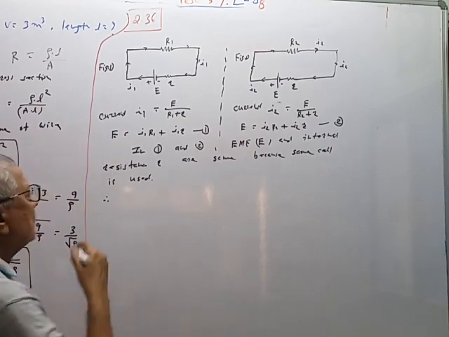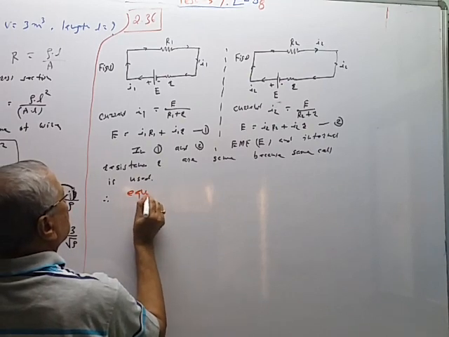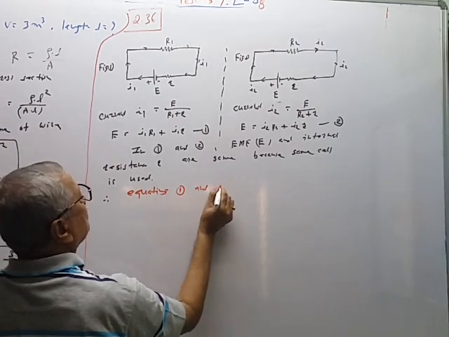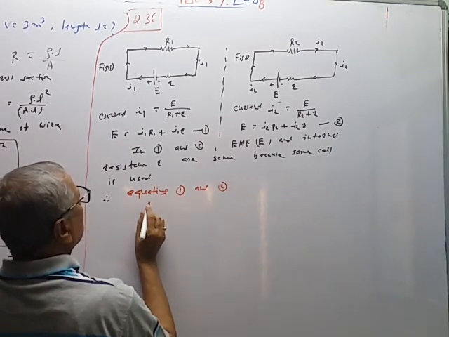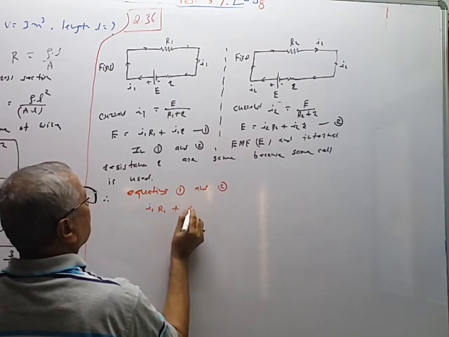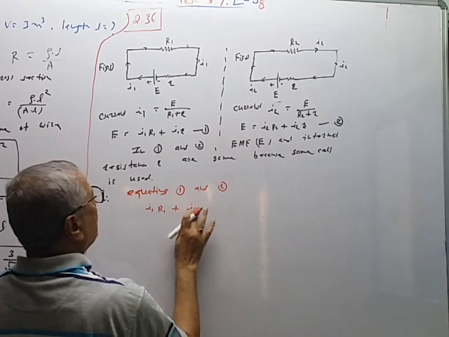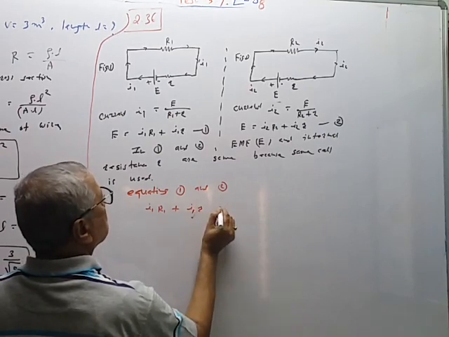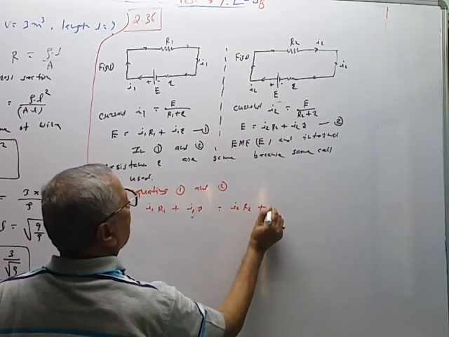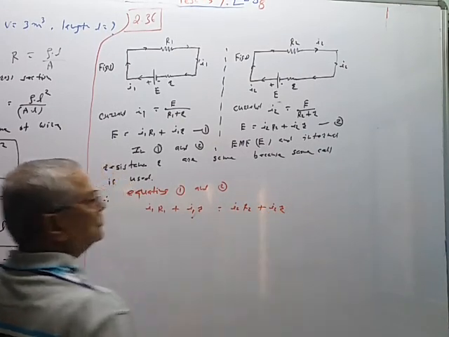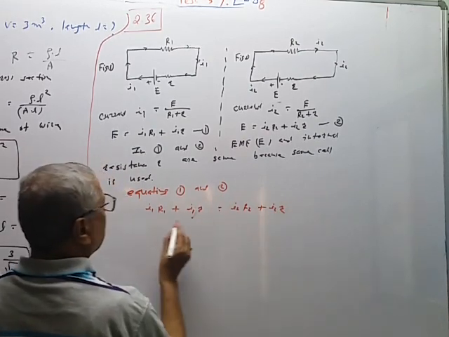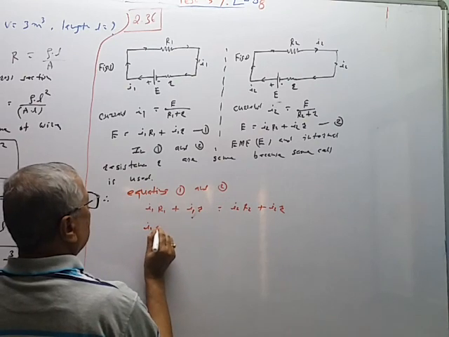Therefore, equating 1 and 2. So I1 R1 plus I1 small r is equal to I2 R2 plus I2 into small r. Therefore, I1 into small r.